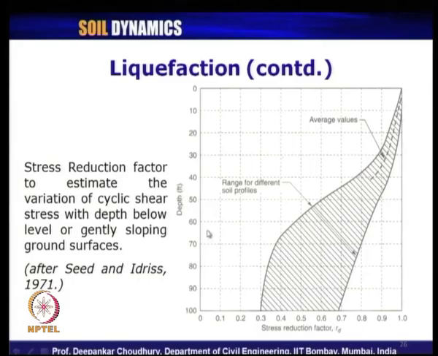As the depth increases, the stress reduction factor decreases, and at the ground surface the stress reduction factor will be 1. Okay. Later on, this variation of r_d was also proposed empirically; semi-empirical equations were proposed by other researchers.